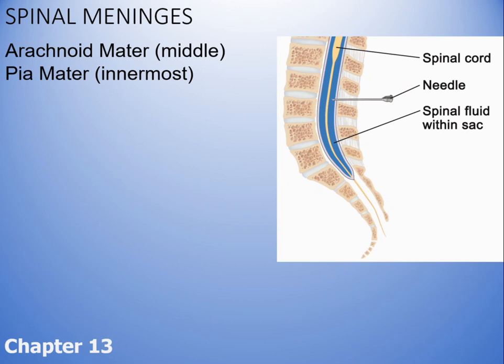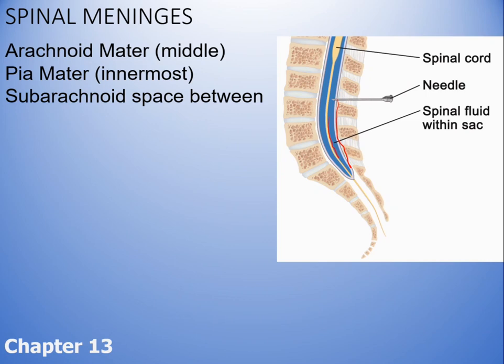And we can't speak about the arachnoid mater without mentioning the pia mater, which is like a stocking that clings to the spinal cord. What I want you to see in this picture here is that between the stocking on the spinal cord and the arachnoid mater that we have here is a space called the subarachnoid space.